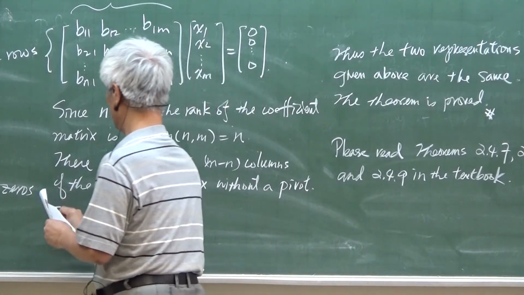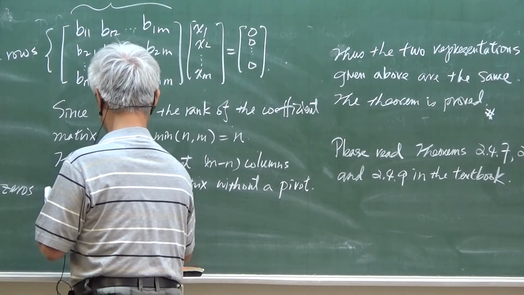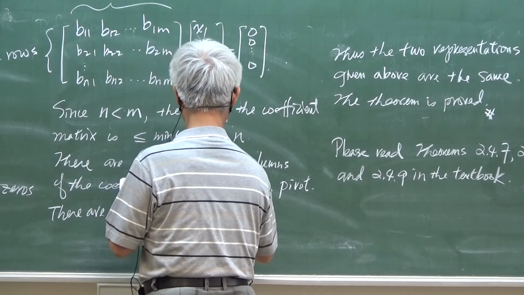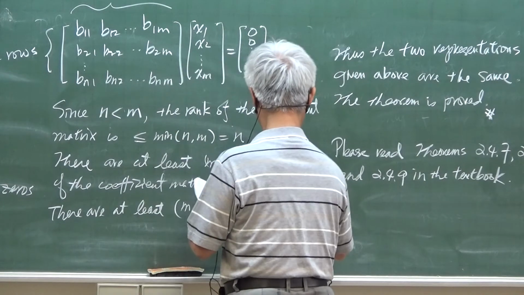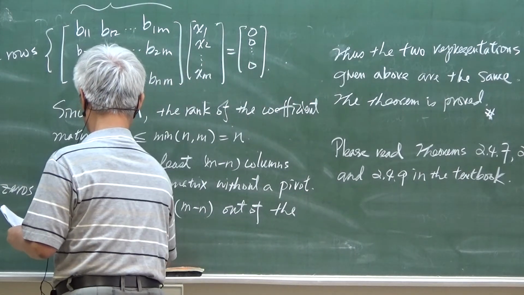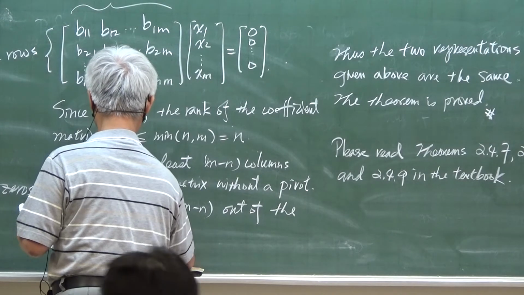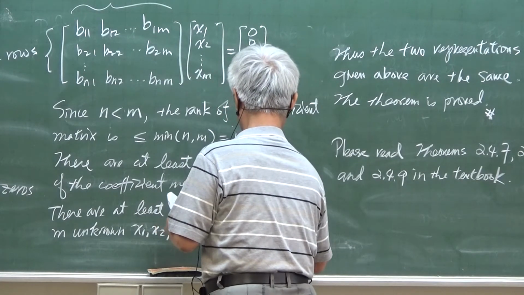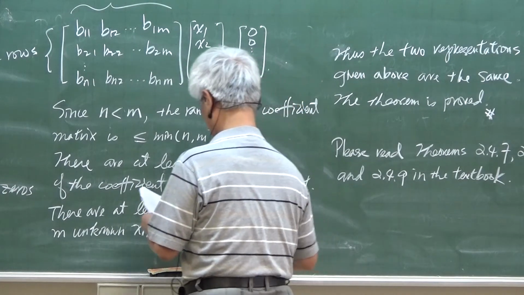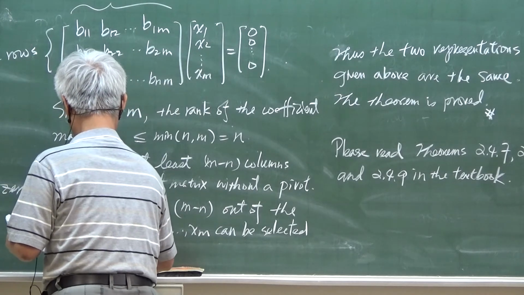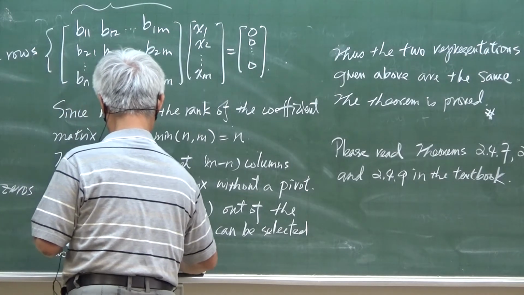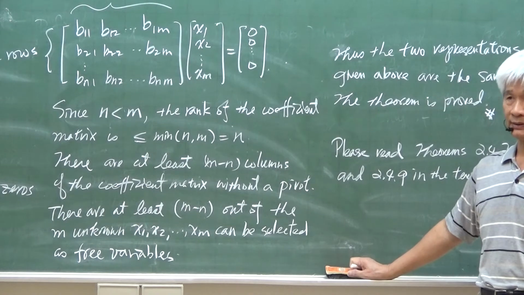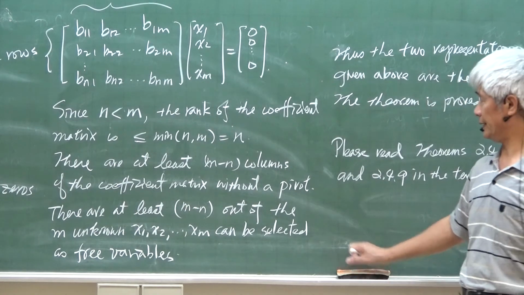So there are at least m minus n out of the unknowns x1, x2, up to xm that can be selected as free variables. Okay, so we get to the point right now. Everything is clear already. Okay.